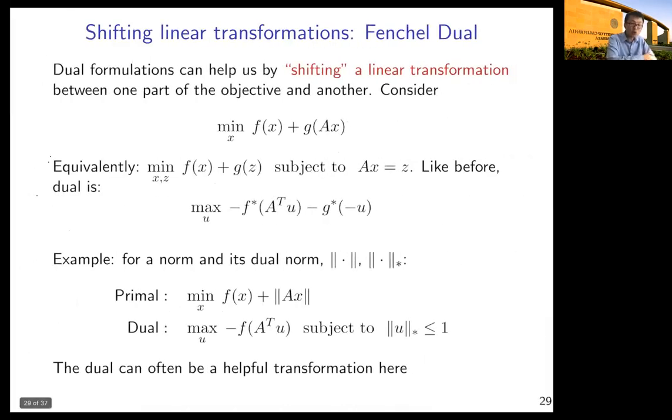Okay, so we talked about the Lagrange dual and the KKT conditions. It's not the only dual that appears in the literature for convex optimization problems. There is also the Fenchel dual that's very popular.